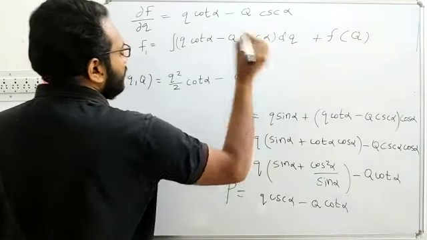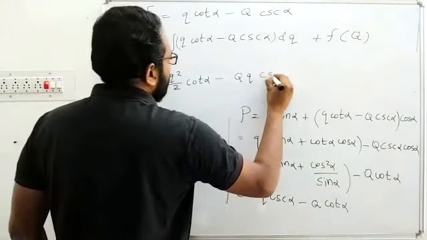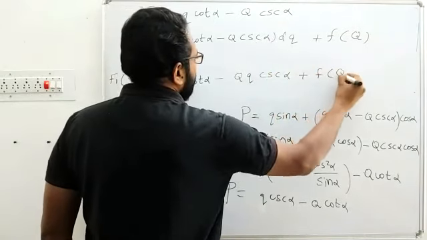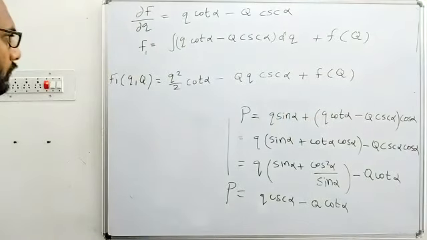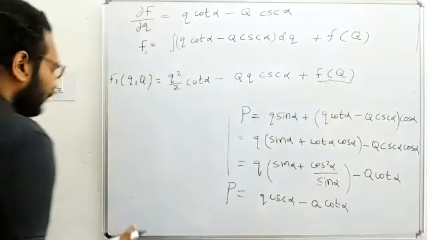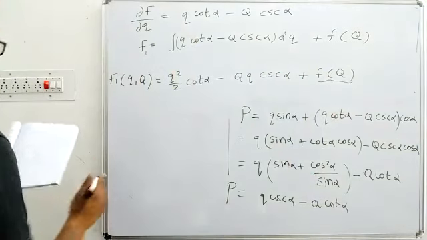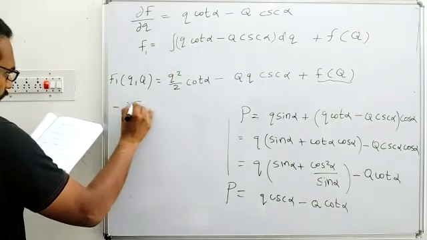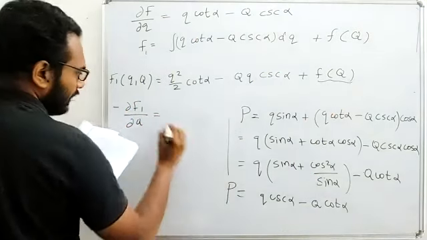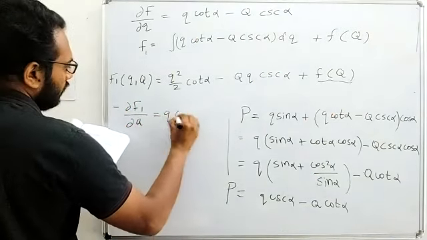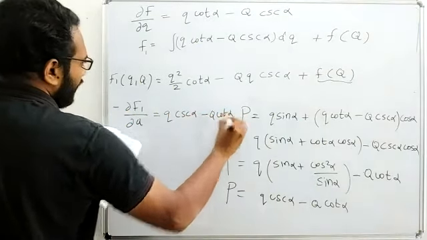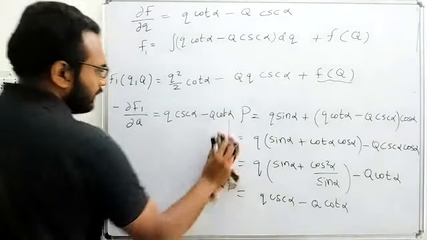So the integration will just give you a small q cosecant alpha, plus f of Q, all right? Okay, this is fine. Now we need to determine this f of Q, all right? For that, we use the second transformation equation, which is this, minus dou f1 by dou Q is equal to this thing, all right? Q cosecant alpha minus q cot alpha. Okay, right.